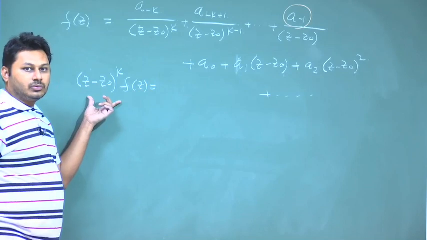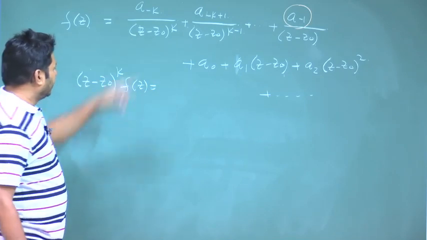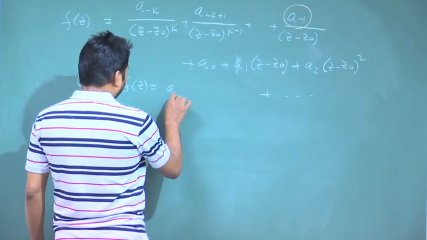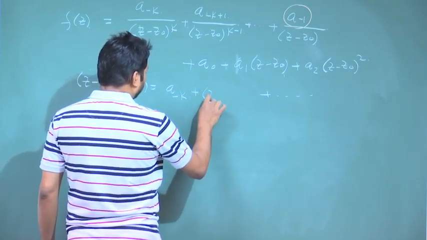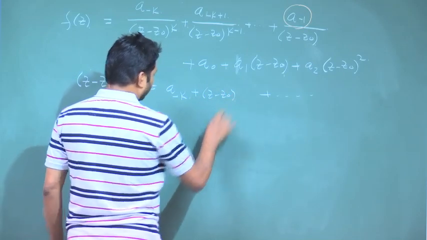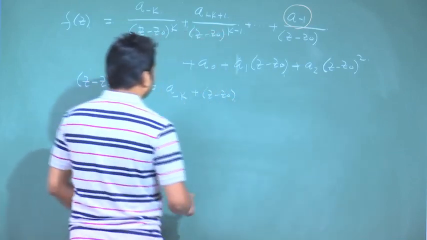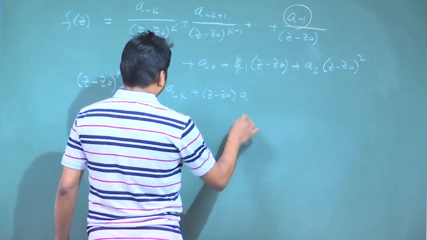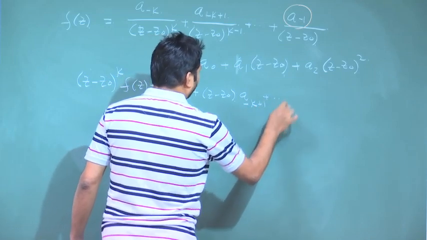If I multiply (z minus z0) to the power k with f(z), then the first term on the right hand side will be a minus k, the second term will be a minus k plus 1 times (z minus z0), and so on.